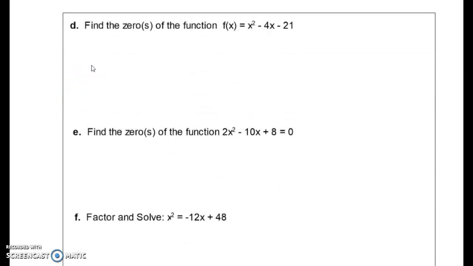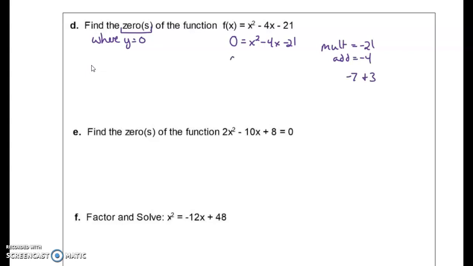When they're saying find the zeros, we have this function f of x equals x squared minus 4x minus 21. When they want us to find the zeros, that is where y equals 0. What is the solution? If we set it equal to 0 and try to solve, we are going to once again factor. What multiplies to negative 21 and adds to negative 4? That's going to be negative 7 and positive 3.